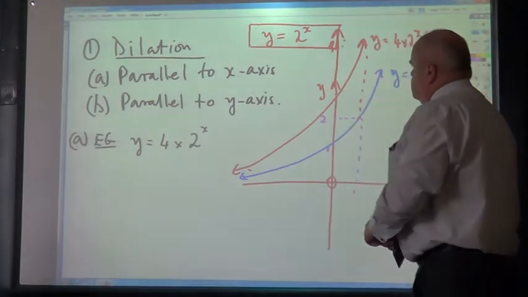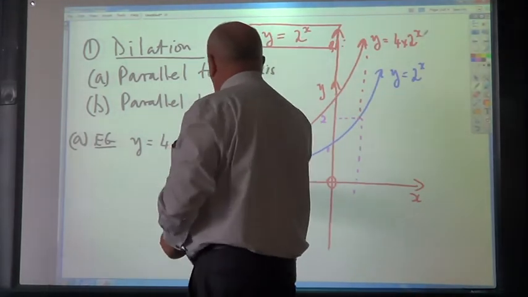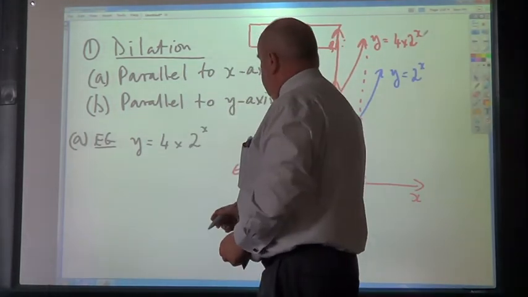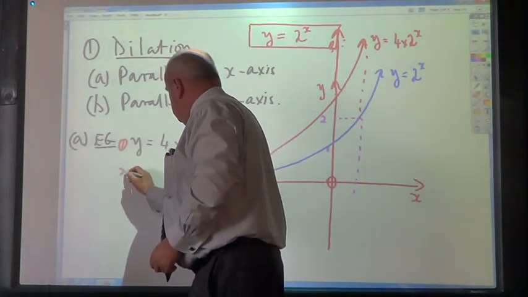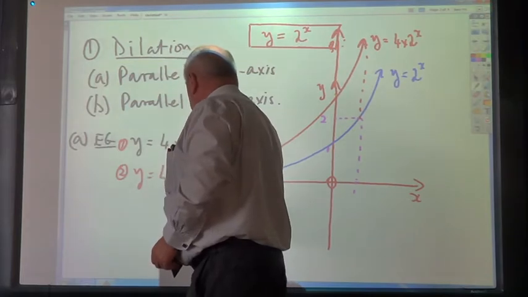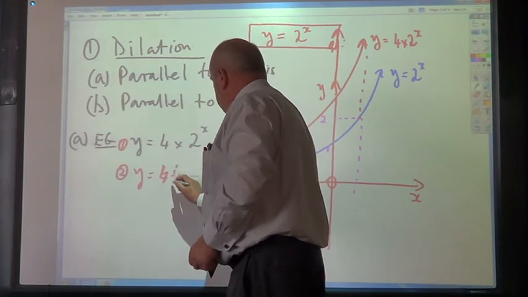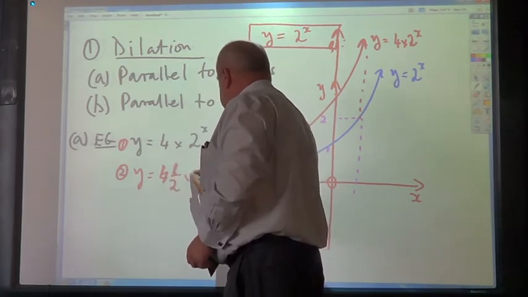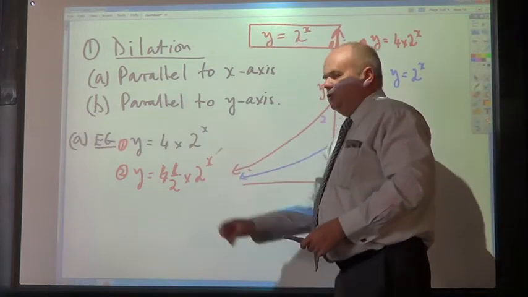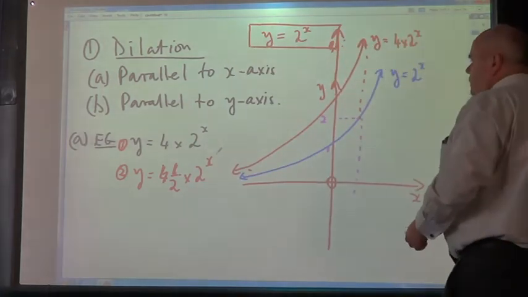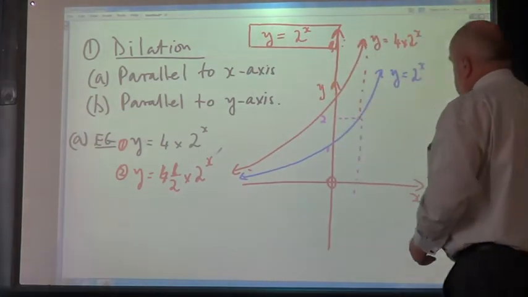Similar but opposite things happen if the multiple is less than 1. So let's say it was a half. y equals a half times 2 to the power of x. I could have written that as 2 to the power of x on 2, of course, but a half times 2 to the power of x is the key point there.